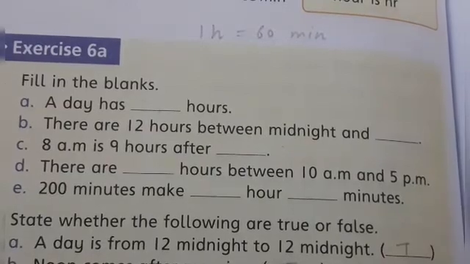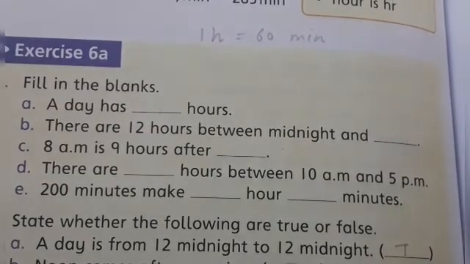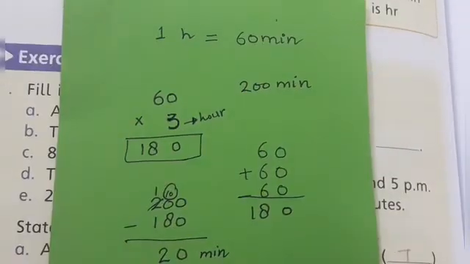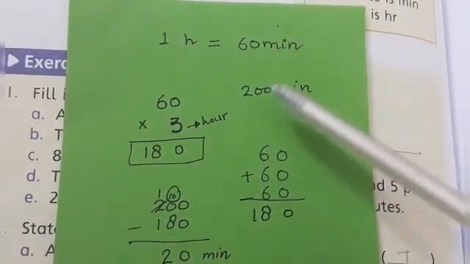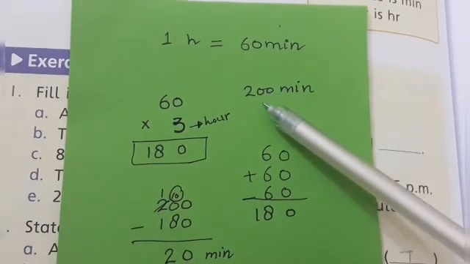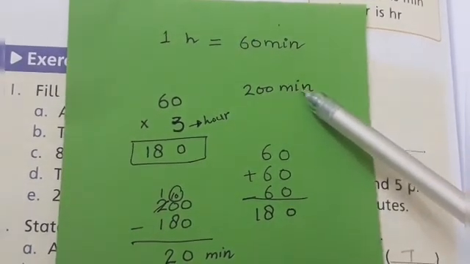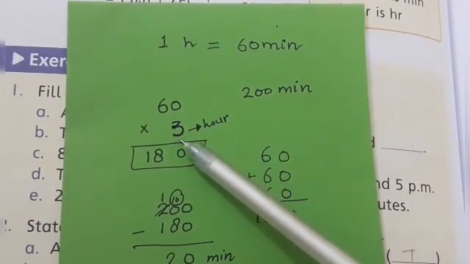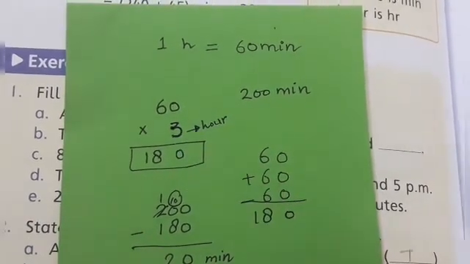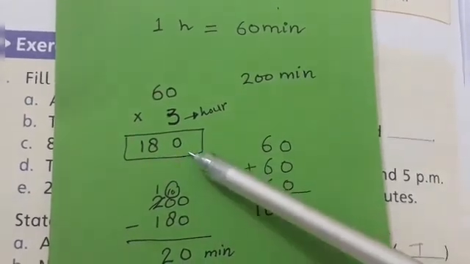Last one, 200 minutes make dash hour and dash minutes. Students, 1 hour is equal to 60 minutes. We have to find out about 200 minutes. You can multiply 60 by 1, then by 2, and by 3 I got the answer 180.